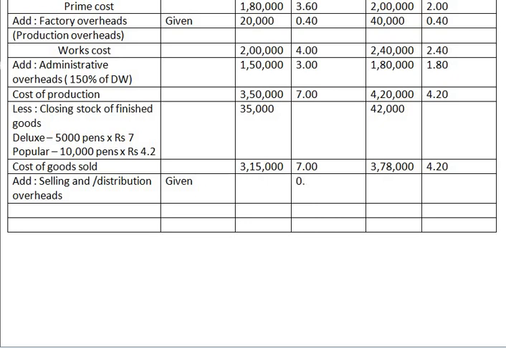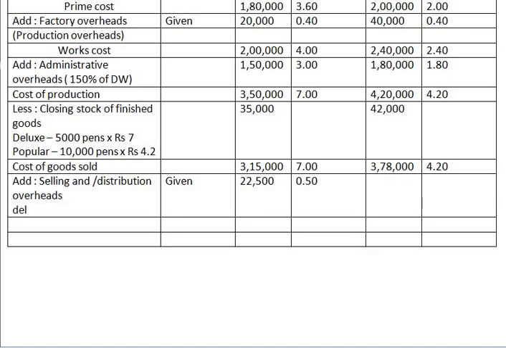So 0.50 into 50,000. Not 50,000, it is 45,000. So 45,000 into 0.5 is 22,500. So here if you want you can show the calculation over here.